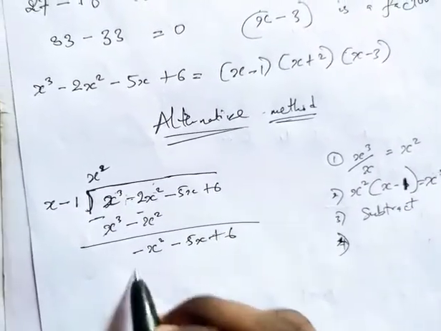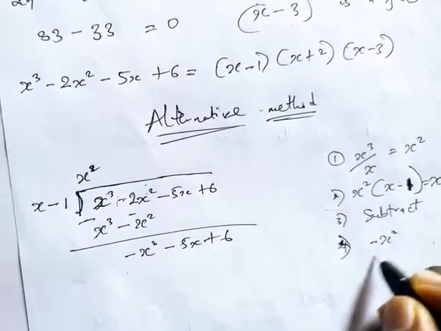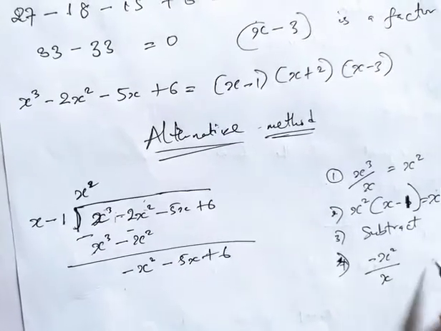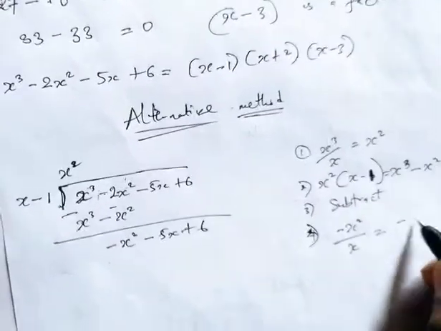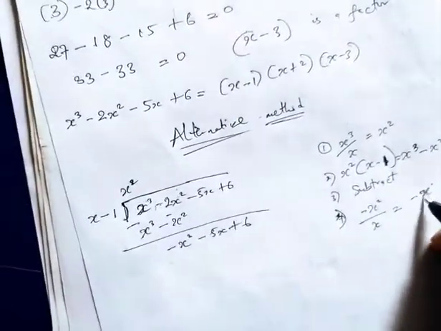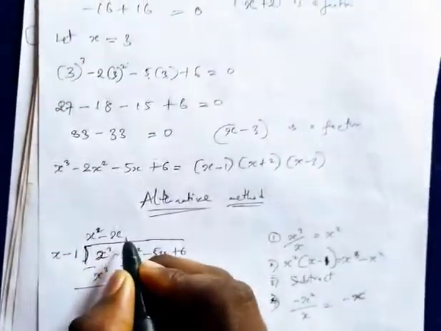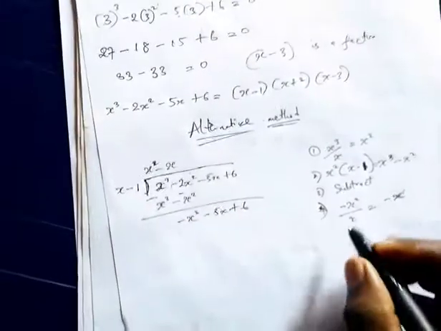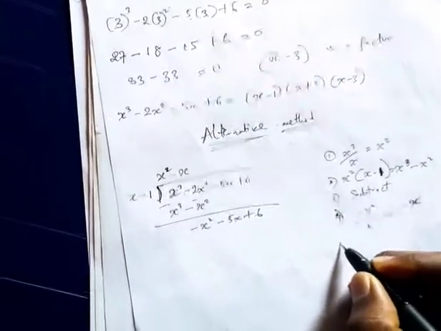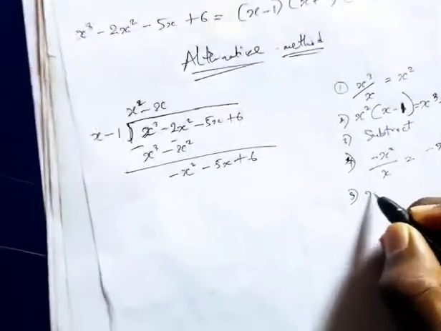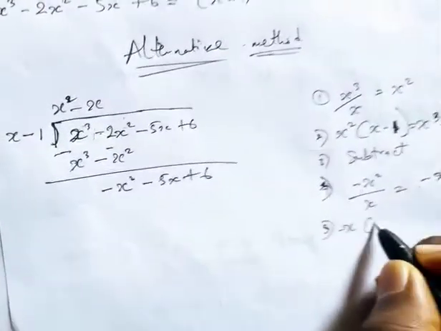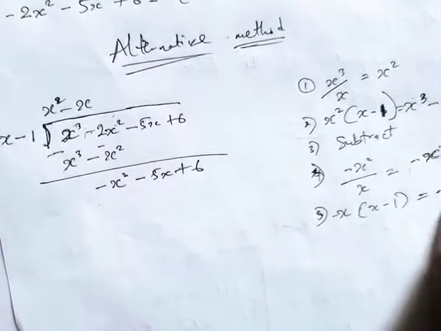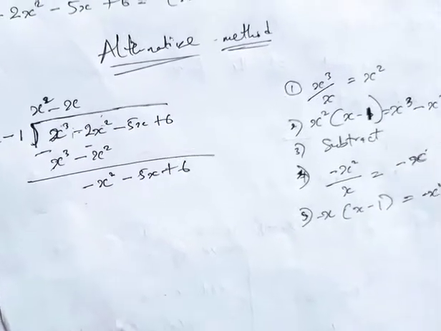Step 4, negative x squared divided by x. I'll have negative x. So I'll put it here, negative x. And I'll multiply. That is the fifth step. So I multiply my negative x by x minus 1 to give me negative x squared plus x.